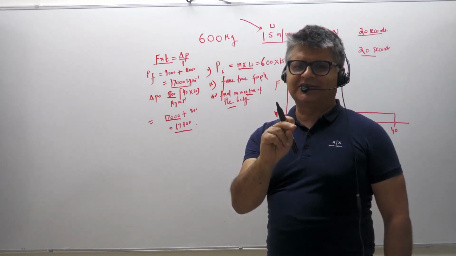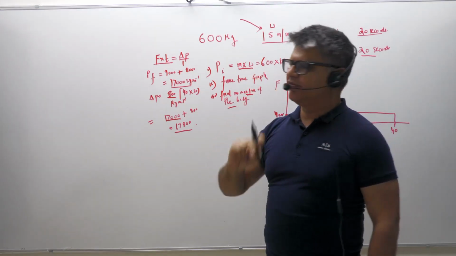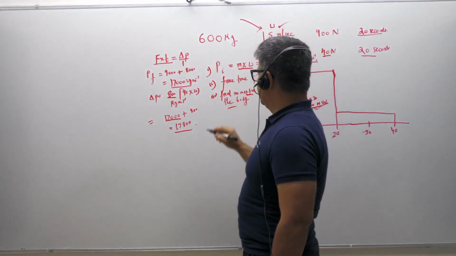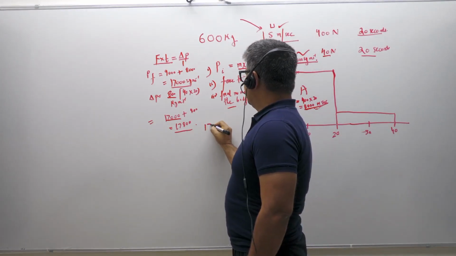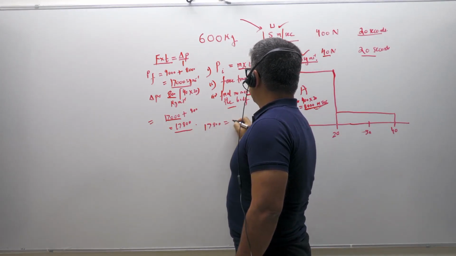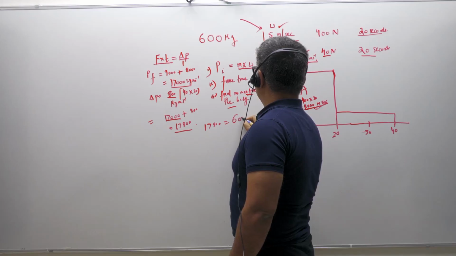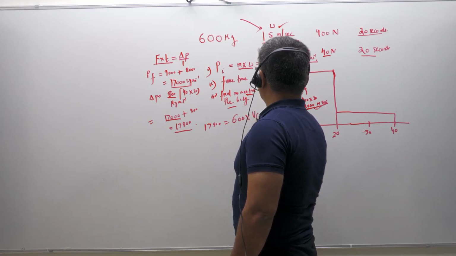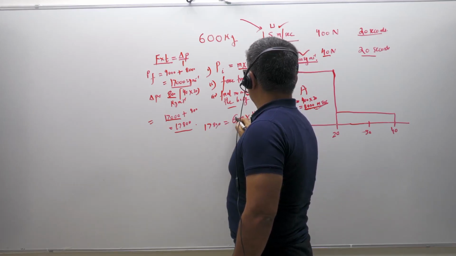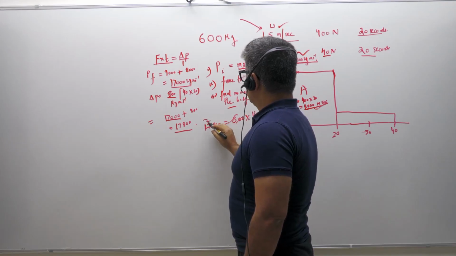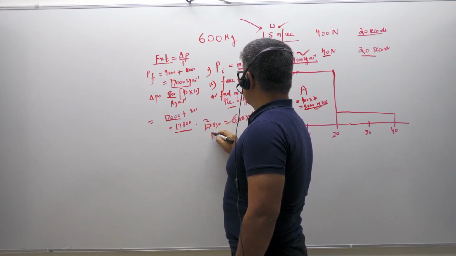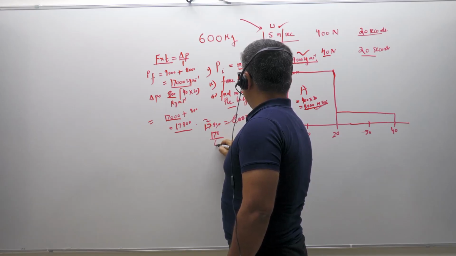Now if you're asked what is the final velocity of the body, which started with 15, right? What will you do? Your final momentum is 17,800. You started with 600 and the final velocity, right? So these two go, 6 2s are 12, so left with 58. So 178 divided by 6.